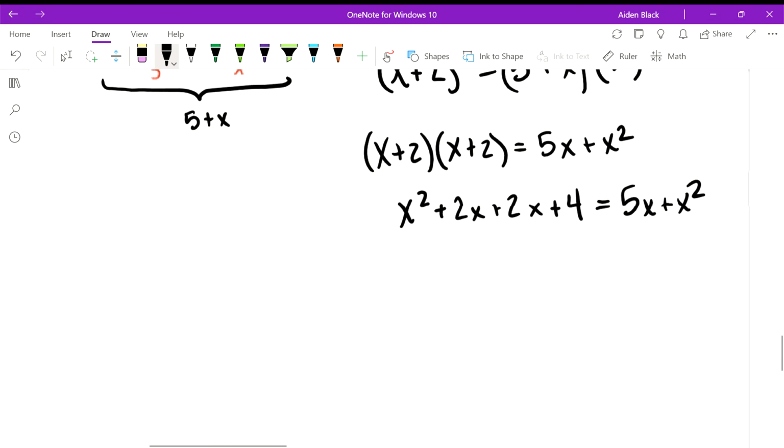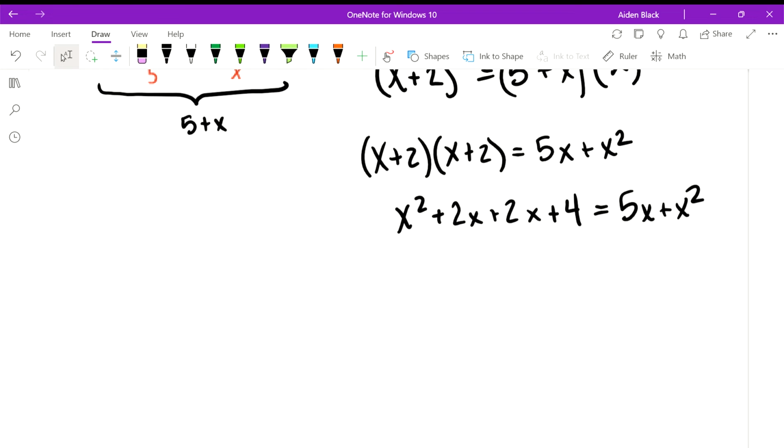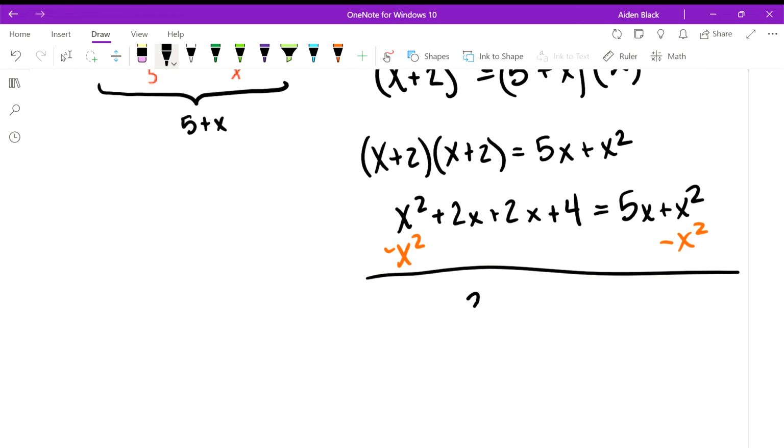Okay, now you're thinking, oh man, I got a quadratic, I'm going to have to use the quadratic formula, or I'm going to have to factor. Well, let's get rid of these. An x squared from one side. If we do it to one side, you have to do it to the other. And then it looks like you're not dealing with an x squared anymore.